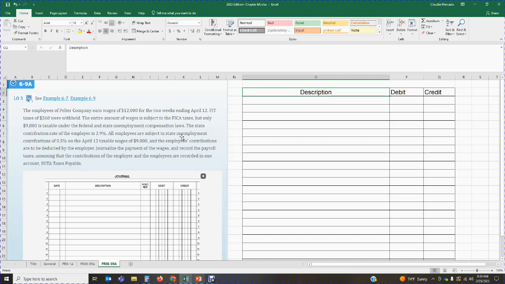All employees are subject to state unemployment contributions of 0.5% on the April 12 taxable wages of $9,800, and the employees' contributions are to be deducted by the employer. So we have to journalize the payment of the wages and record the payroll taxes, assuming that the contributions of the employer and the employees are recorded in one account, due to taxes payable.